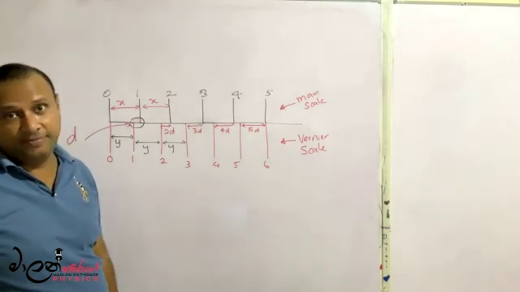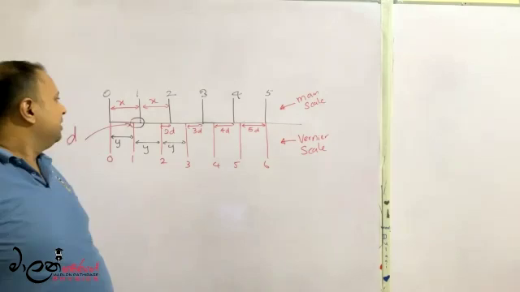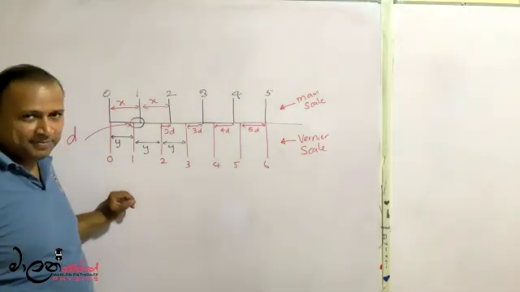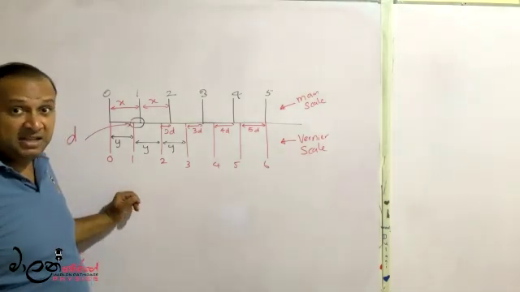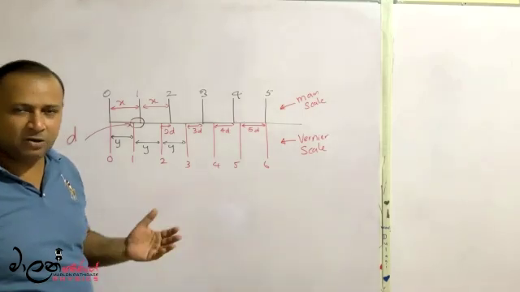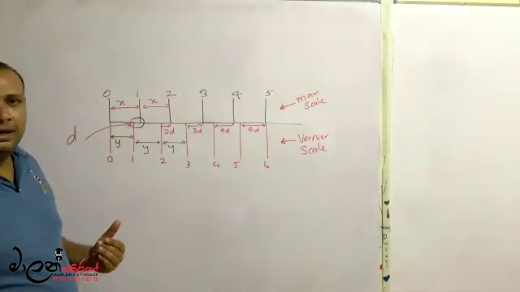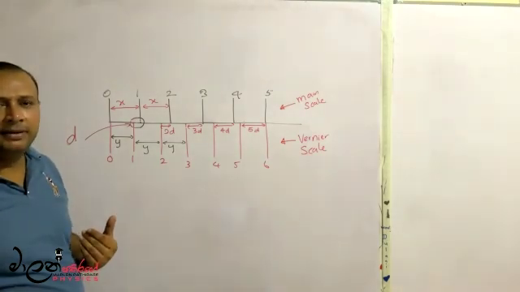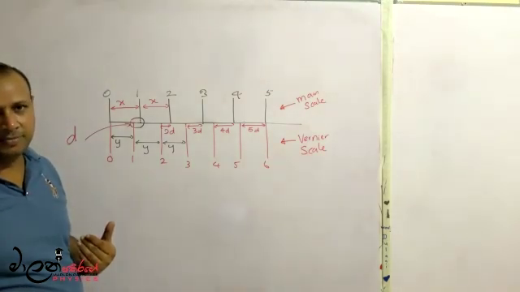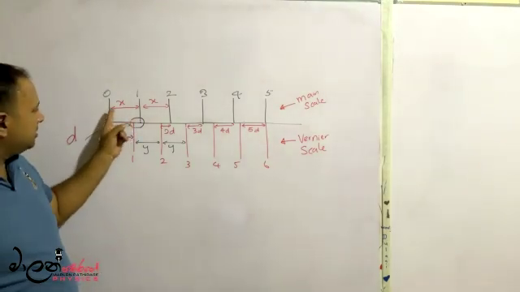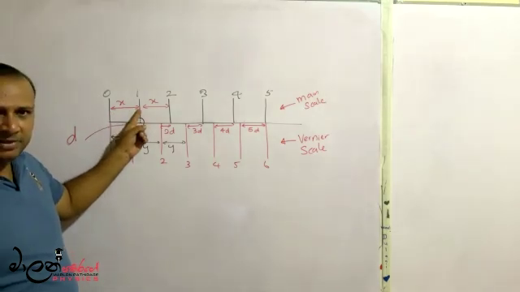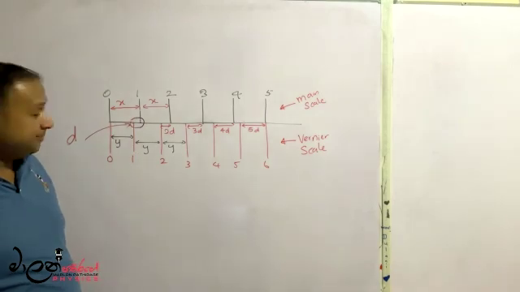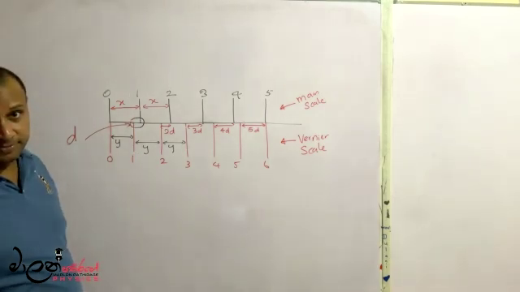Minimum reading is equal to the minimum gap. You know this length is equal to x, and this length is also equal to y.